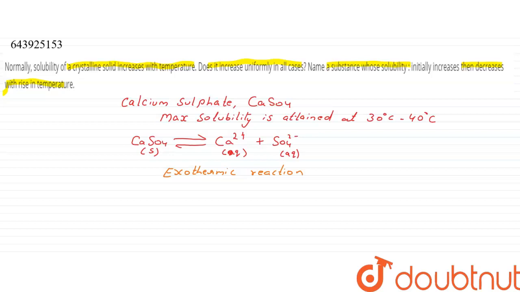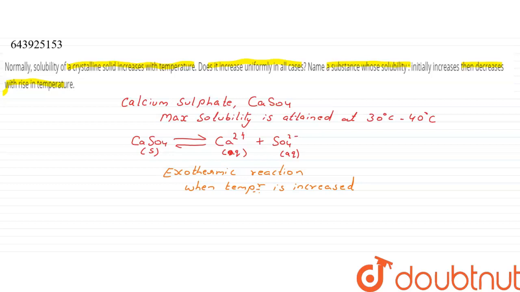So what happens when we increase the temperature? As per the question, when temperature is increased, there is a stress on the product side, because it is an exothermic reaction and on the product side there is heat.